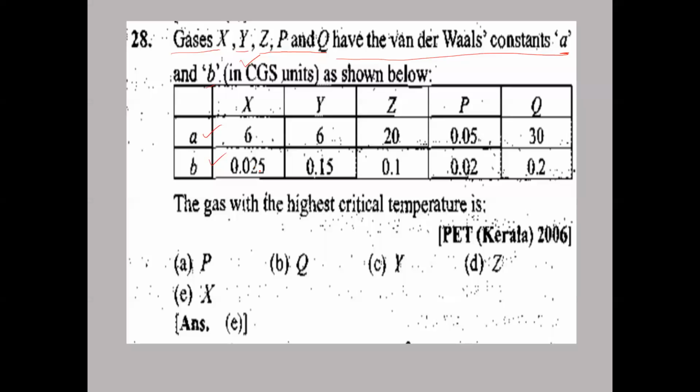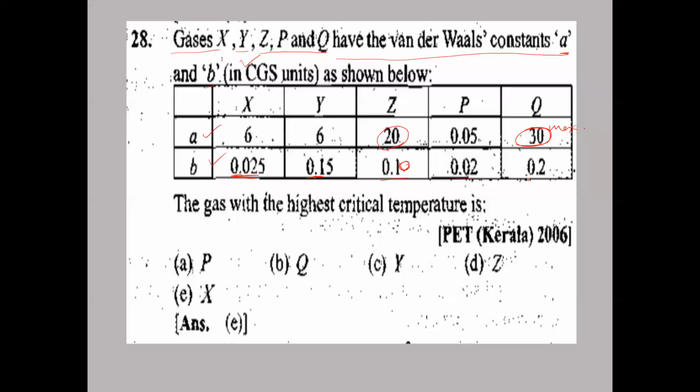Now among all these, the a value is greater here, so the maximum a value is for Q. And where is the maximum b value? Here 0.02, 0.1, it is greater than this one. And 0.15, 0.10: 0.15 is more than 0.10.